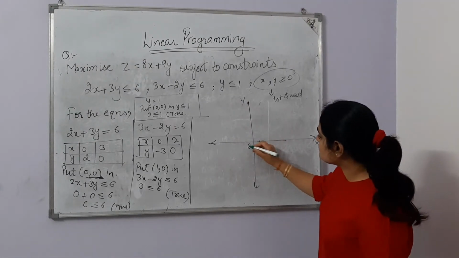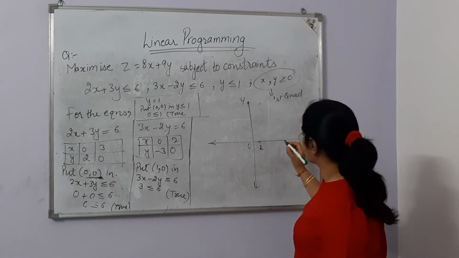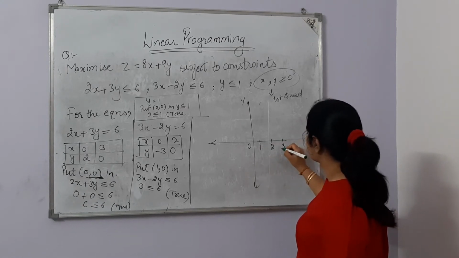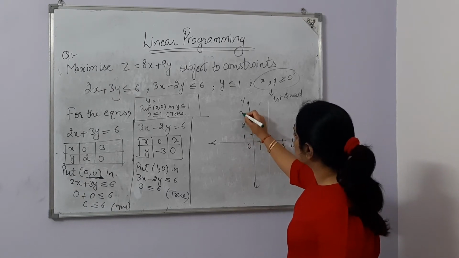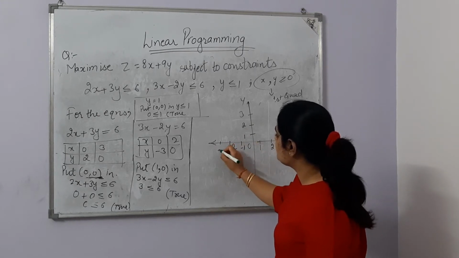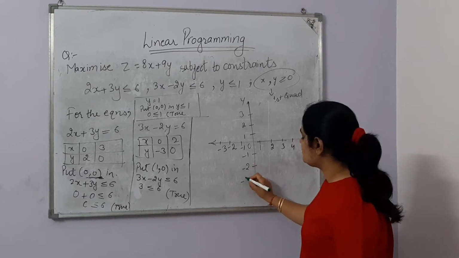This is the O point, the origin. 1, 2, 3, minus 1, minus 2, minus 3, and minus 1, minus 2, minus 3.